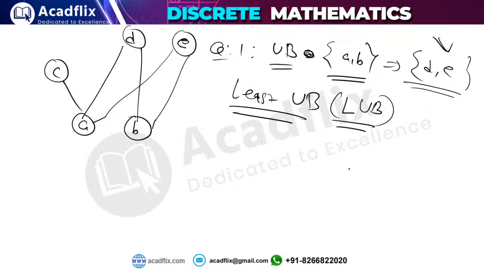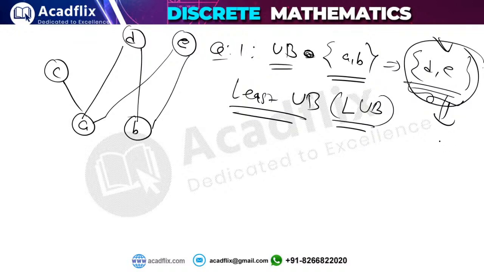First of all, remember this concept. Least upper bound means in the upper bound, what is the least element? In this upper bound, no one is the least element, because D is not related to E and E is not related to D. So in this upper bound there is no least element.